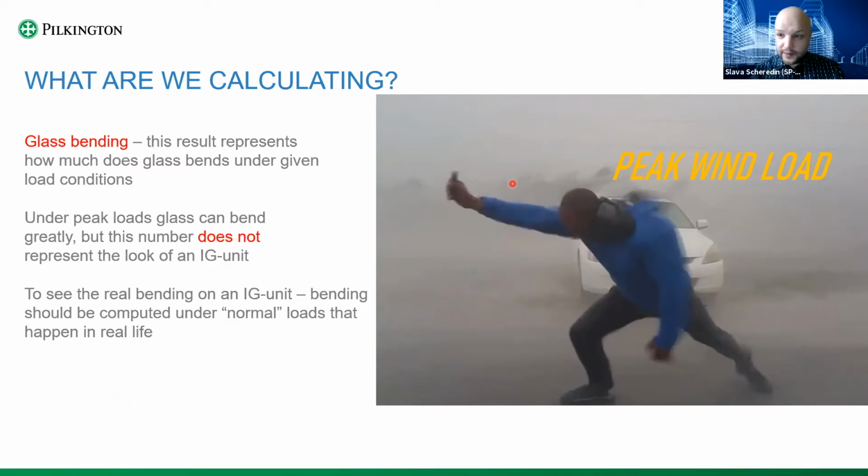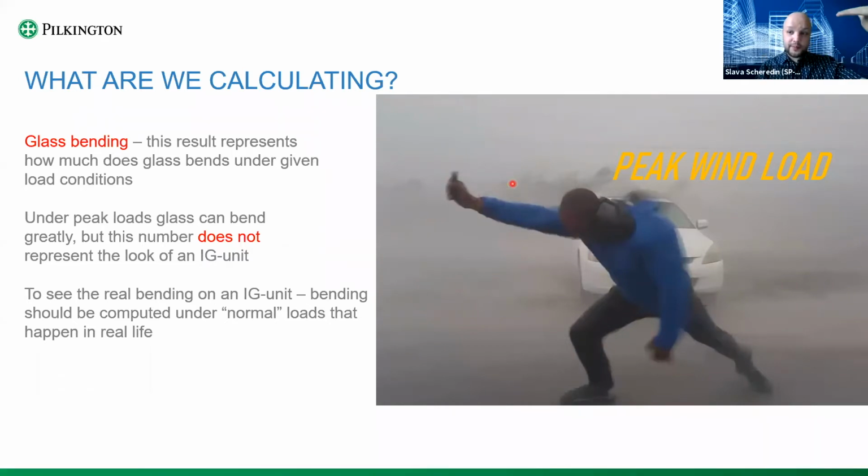So glass bending in this case will be very big if we calculate it with the maximum wind, of course. But when we are looking at the calculation, we want to see two parameters. First one is whether it will stay, but the second one is how the glass will look, how good the actual facade will be. And for that, we need to look at the bending.